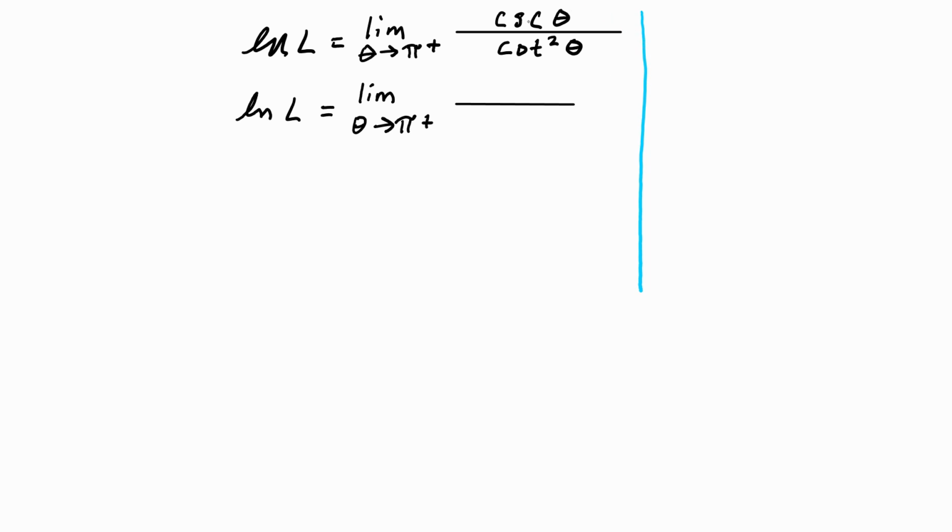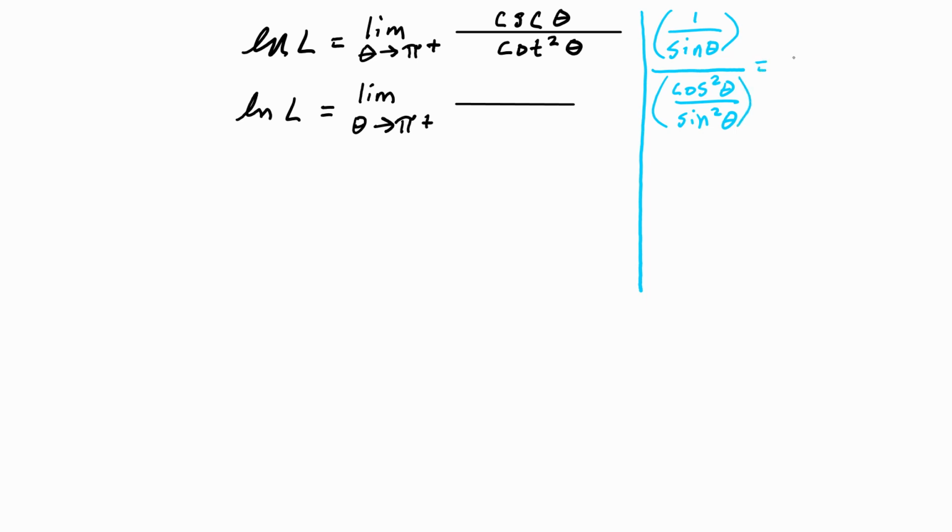We know that cosecant of theta is 1 over the sine of theta. That's in the numerator. In the denominator, we have cotangent squared theta, which is cosine squared theta over sine squared theta. So we have this numerator being divided by the denominator.